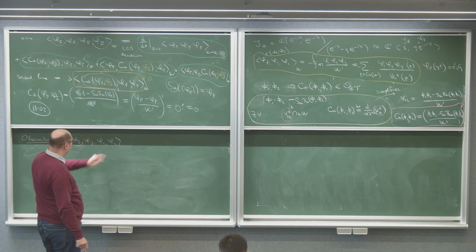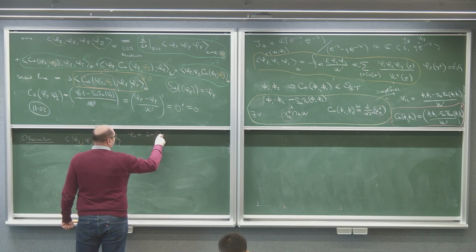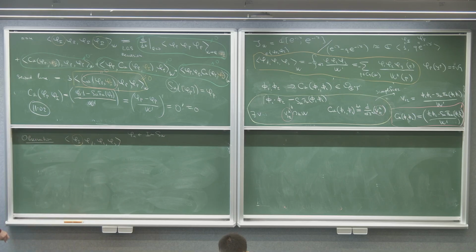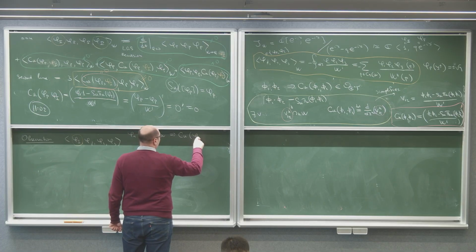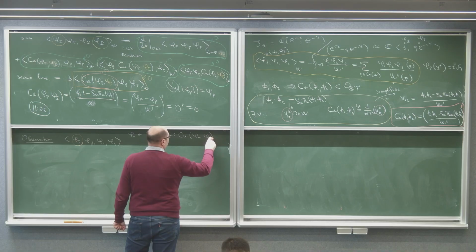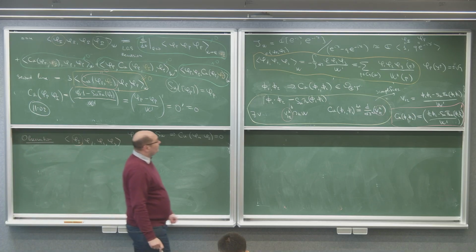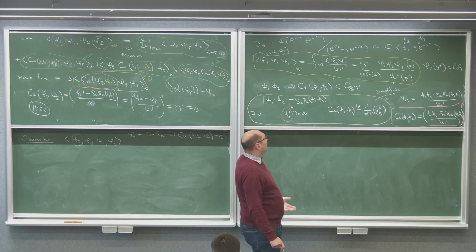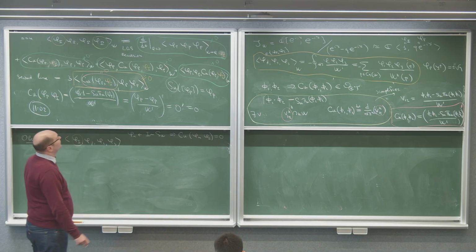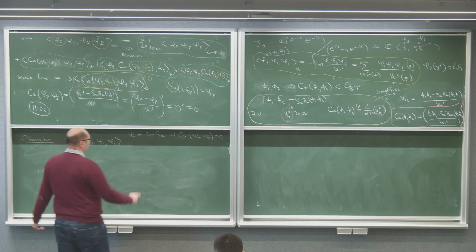So as long as these phi A's belong to the image of FW, we still have that the contact term between phi A and phi I will still be 0.